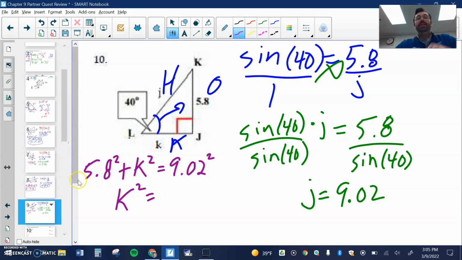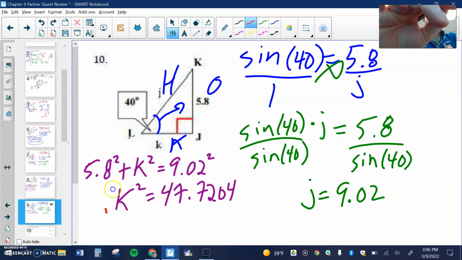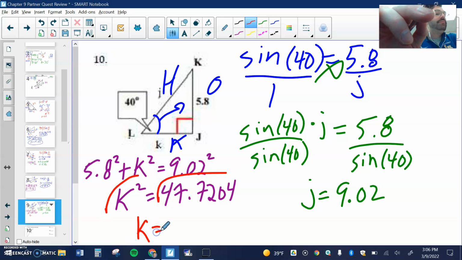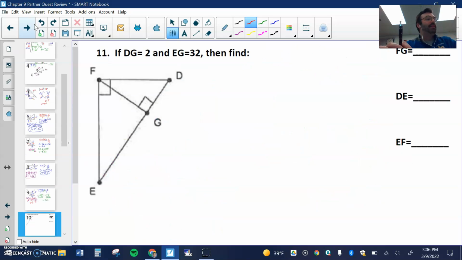So 5.8 squared is 33.64, and then subtract it. 81 minus that to get 47.7204. Square root it, k equals 6.91. Holy buckets. All right, last one on the page.